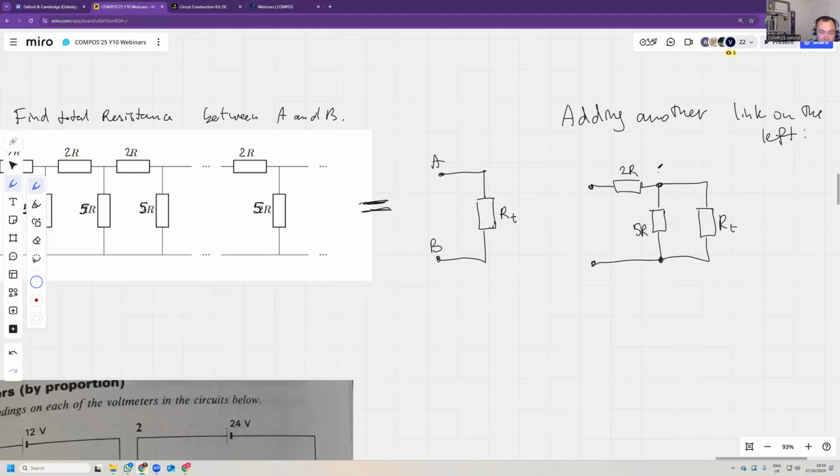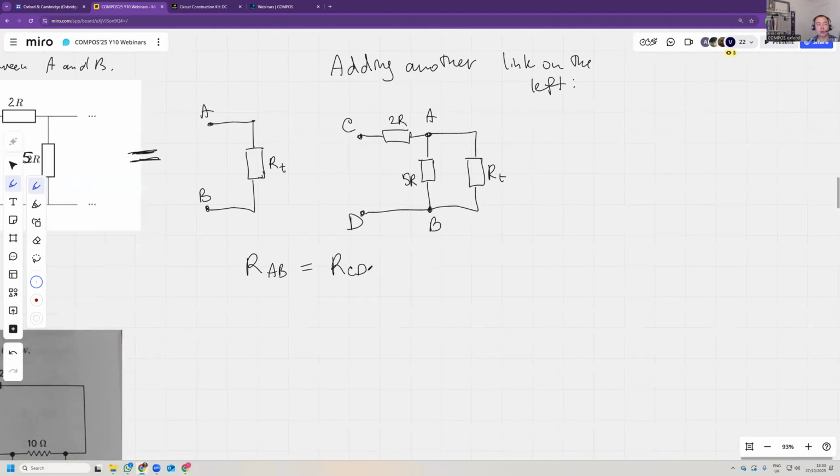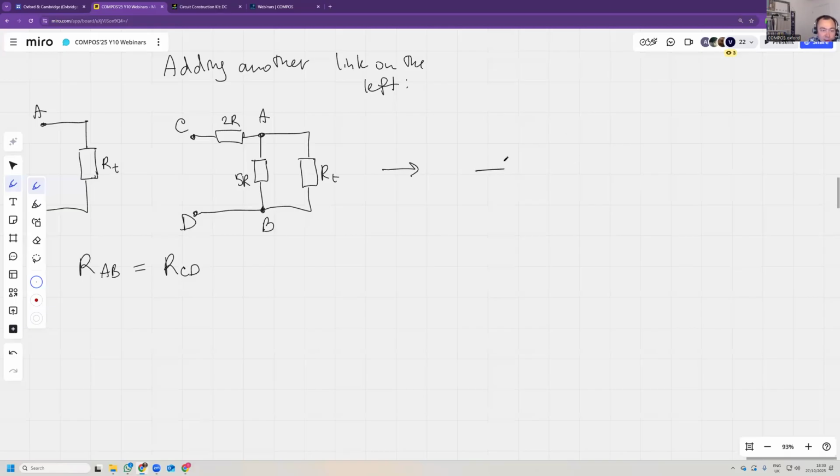Let's say this is point A and point B. Let's call it point C and point D. Because there are infinite chains, adding another link doesn't change anything. So the resistance across AB is equal to resistance across CD. And that's what we're going to explore. So from here, we have this combination: 2R, 5R, RT, and that's what we're looking for.